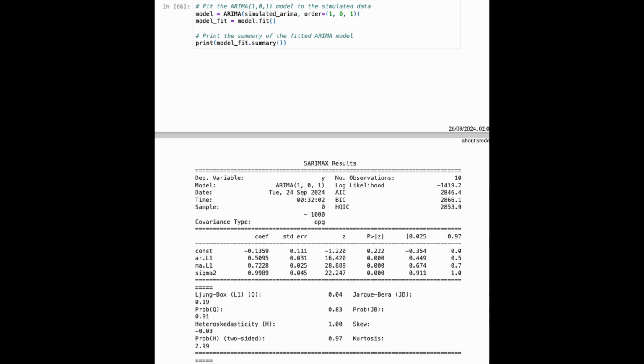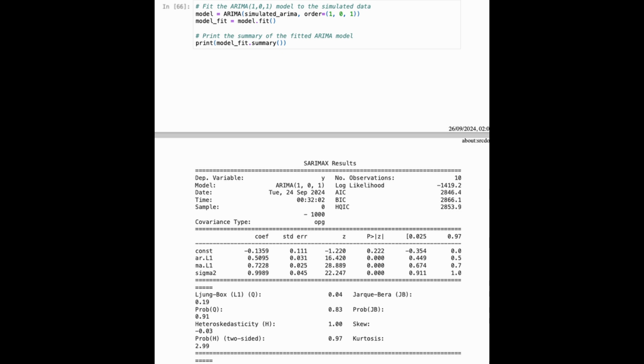And then we're looking at the information criteria. AIC, the Akaike information criterion, is 2846.481. A lower AIC value indicates a better model fit with sufficient complexity to capture the data dynamics without overfitting.